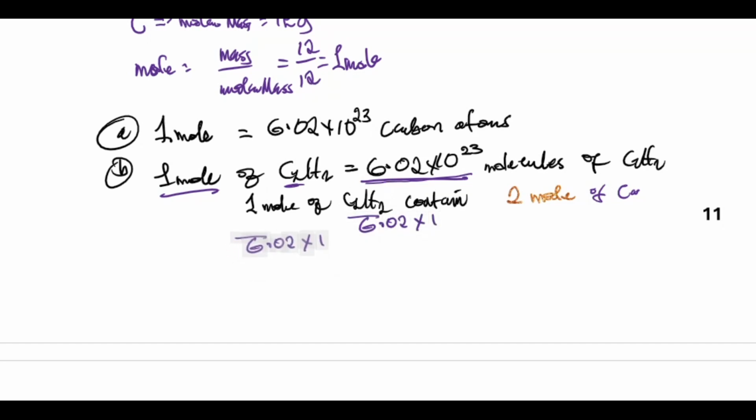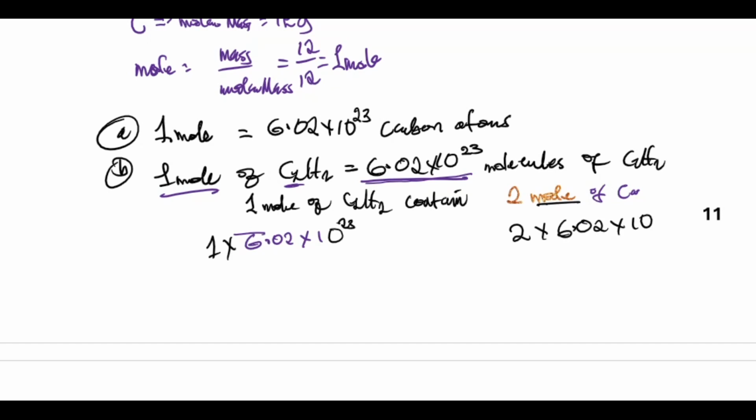So 1 mole of C2H2 contains 6.02 times 10 to the power of 23 molecules of C2H2, which will contain 2 times that, because it's also mole. So 2 times 6.02 times 10 to the power of 23 carbon atoms.